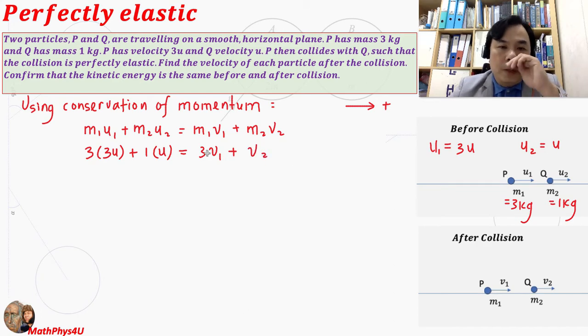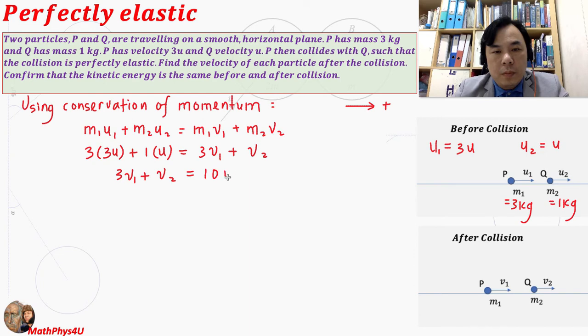Then we can simplify this a bit and we will get 10u. I can label this as my first equation. In this context, it was also mentioned that this collision is perfectly elastic.